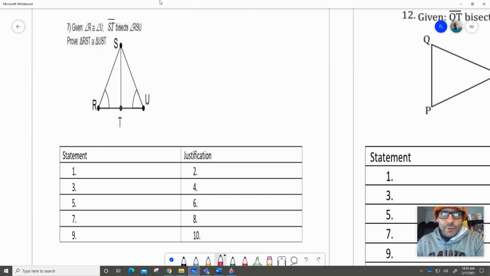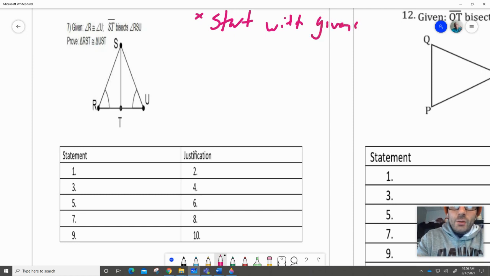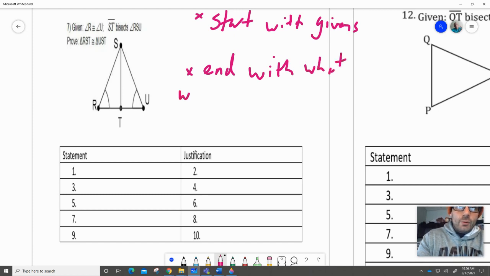A couple of rules of thumb here. We want to start with our givens, okay? We're going to put all those on the top, and we're going to end with what we want to prove.